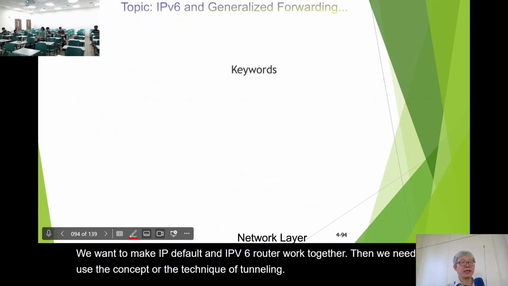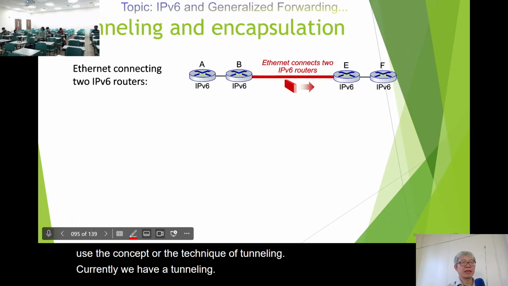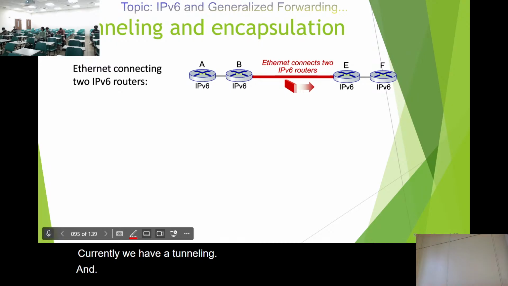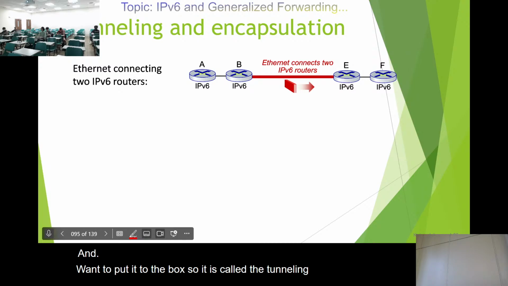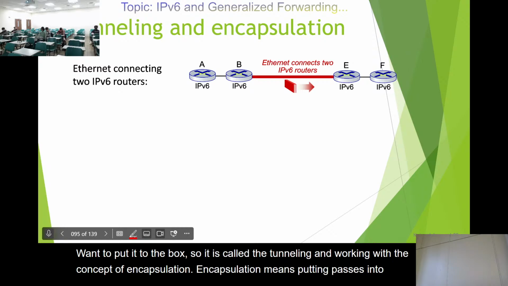Well, currently we have tunneling, and we want to put it into the box. So it is called tunneling and works with the concept of encapsulation. Encapsulation means putting boxes into a box of IPv4.